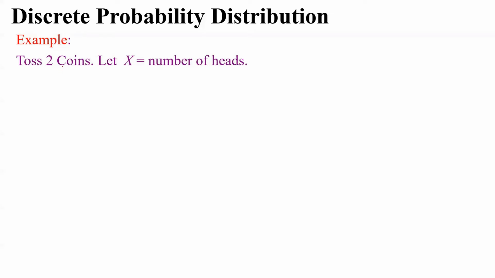Say, for example, in this question they're interested to know the number of heads popping out when you toss the coin. The objective of this event is to get the number of heads, so you can assume that X is the number of heads you obtain.